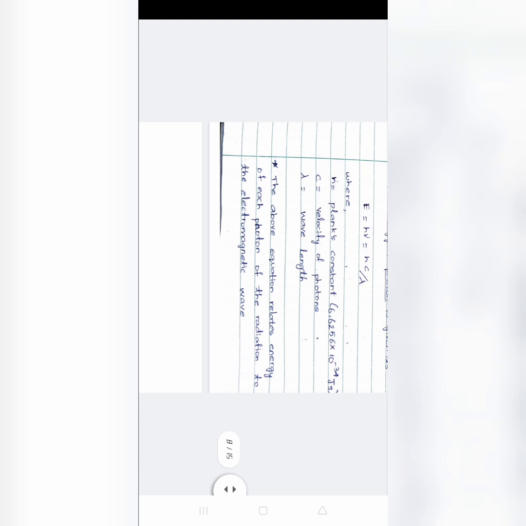So the higher the frequency, the higher the energy of the electromagnetic radiation. The energy is directly proportional to the frequency of the radiation. These photons do not have any mass and they also do not have any charge.